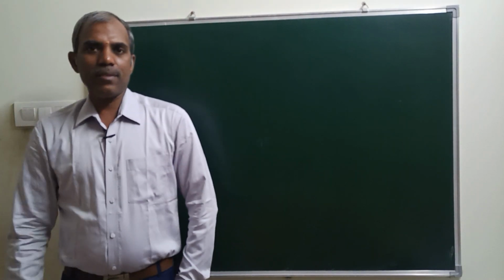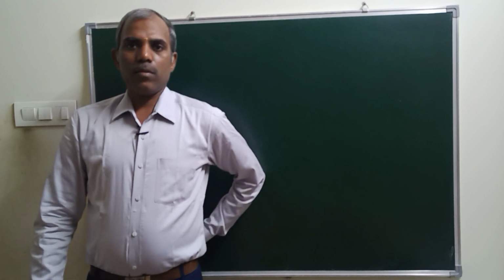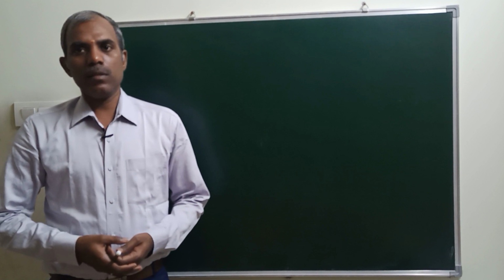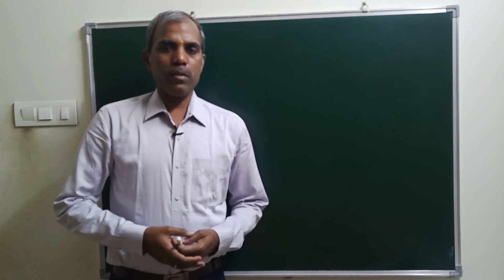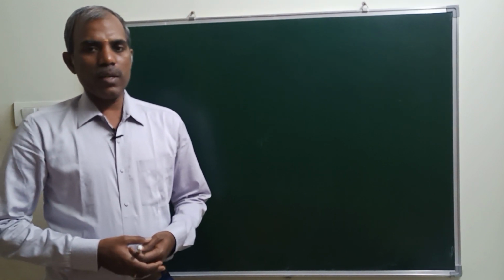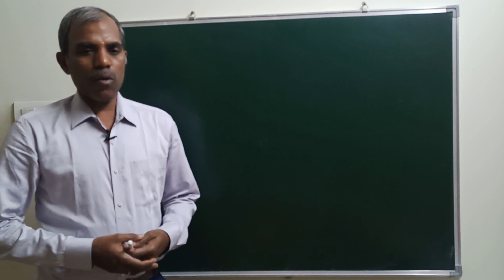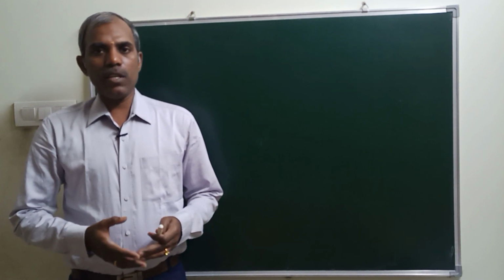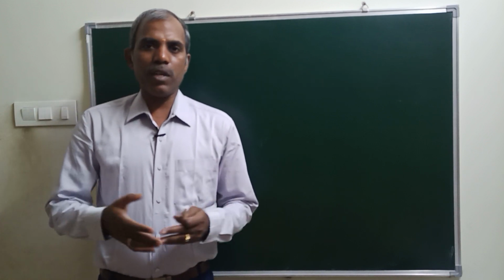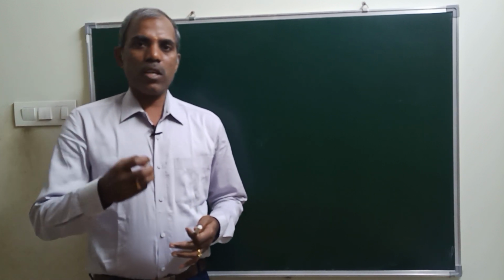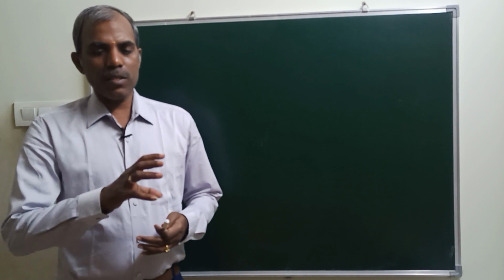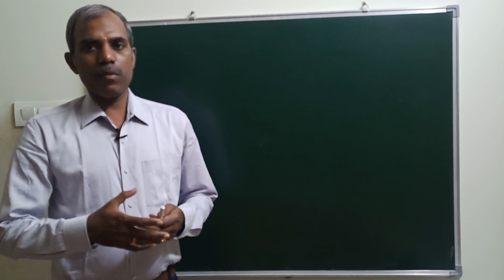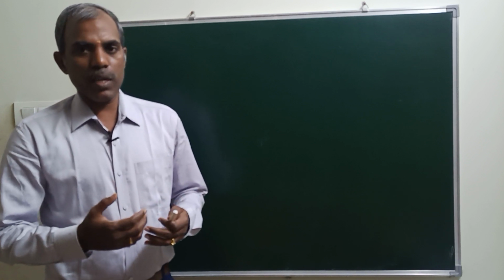Good morning, students. Today's new chapter is chemical bonding and molecular structure, which is an important chapter to understand how molecules are formed, what type of relation is observed between different types of elements, the structure of the molecule, and the basic geometry of different molecules and different compounds.